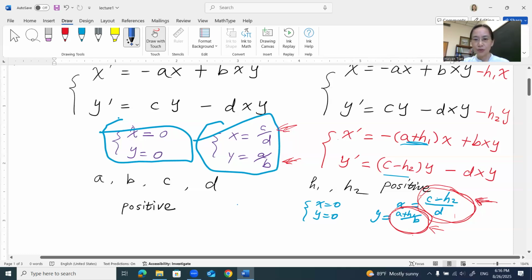So pre-war, after war, intensive fishing doesn't do good to the predator, but it actually increases the prey population.